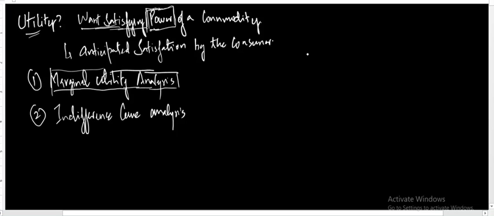Now, this marginal utility analysis was given by Alfred Marshall.